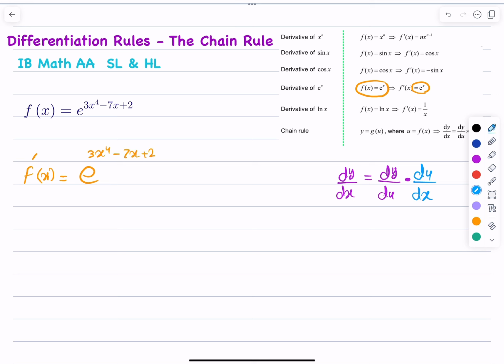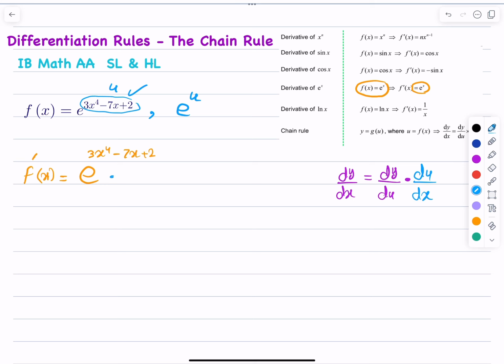But after that, we differentiate the inner function. Here, the inner function would be the whole power. Because if we were to apply the chain rule formally using the fractions, we will assume this to be u, and then the function will be e to the power of u. So here, this is the inner function.